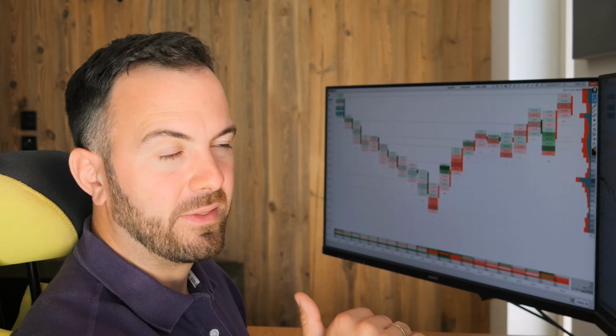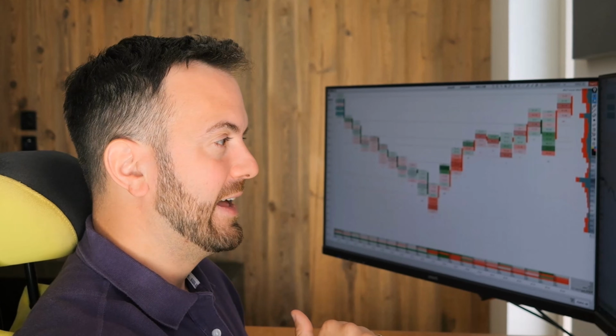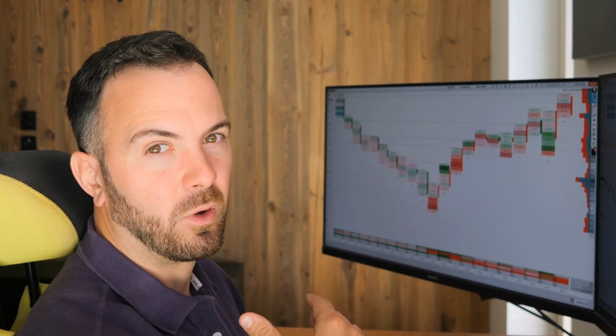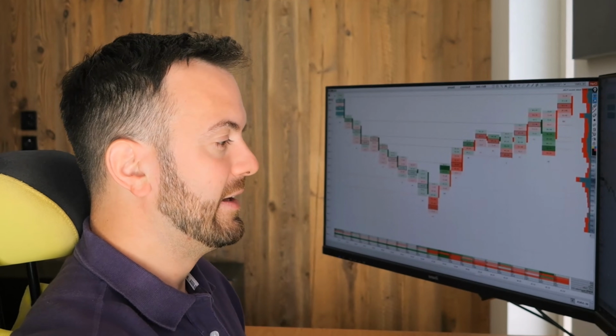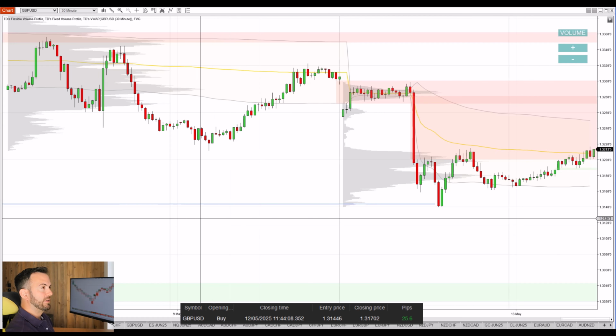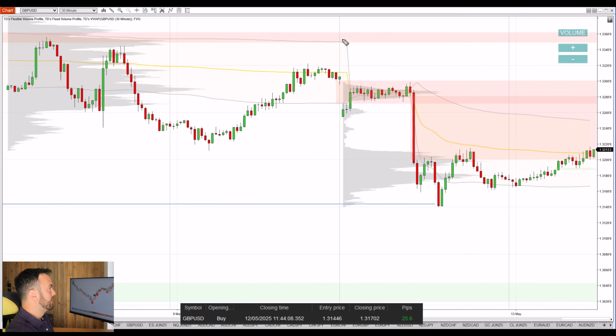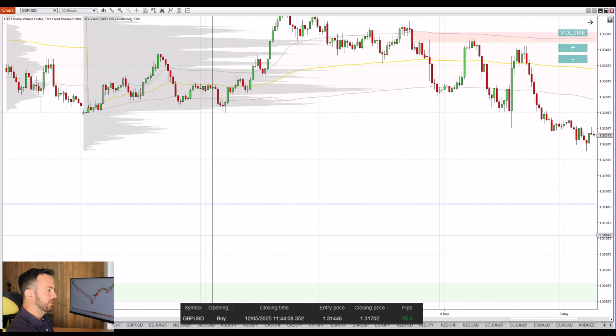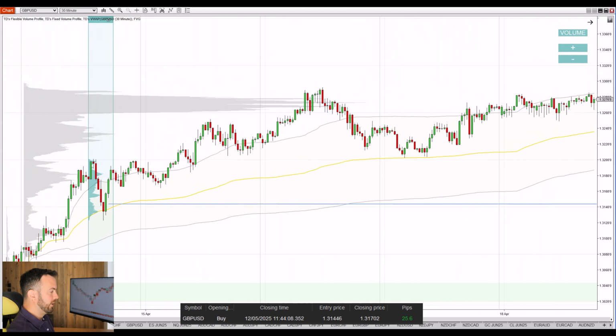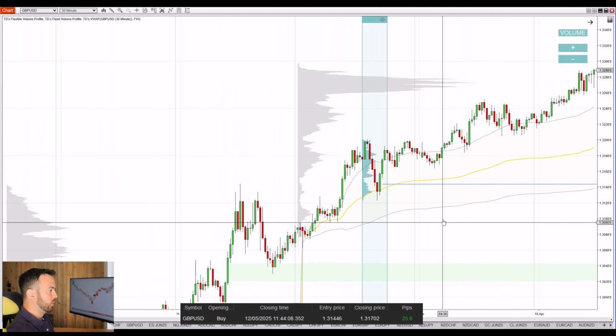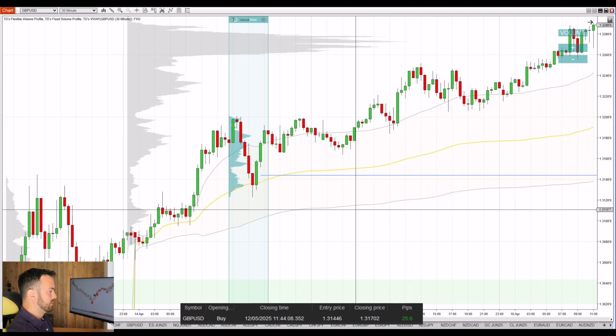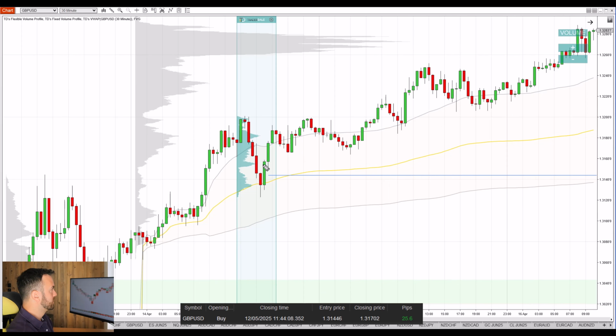First I'll talk about the reasoning behind the trade, and then we'll go through the order flow confirmation and focus more on that. So what you see before you, this is NinjaTrader 8 platform and 30-minute chart of the British pound. Now let me scroll back a bit so I can show you the reasoning behind this trade. The level the trade was based on was almost a month old, but that's fine by me.